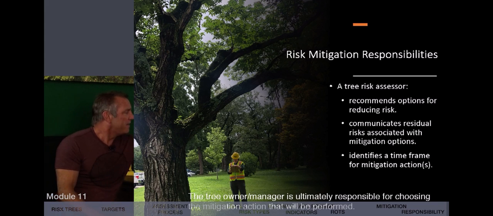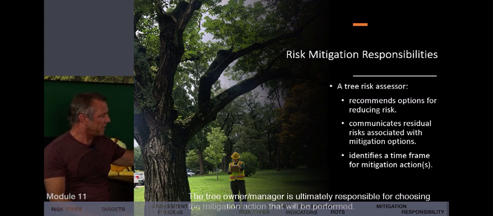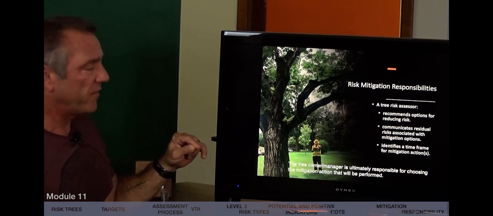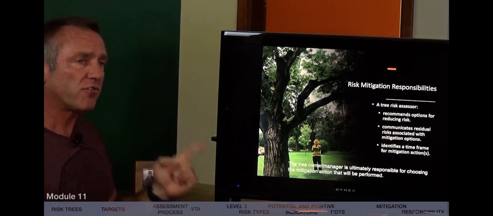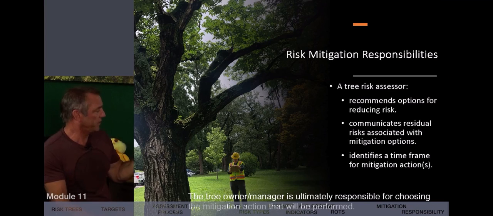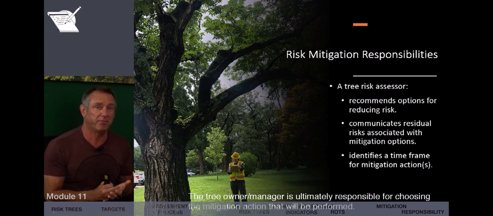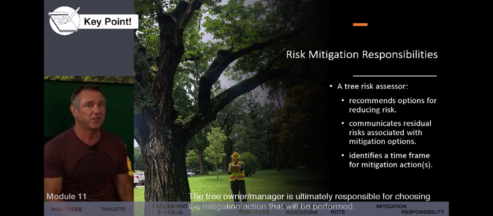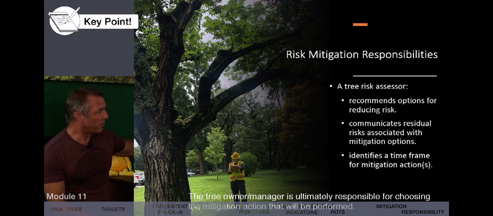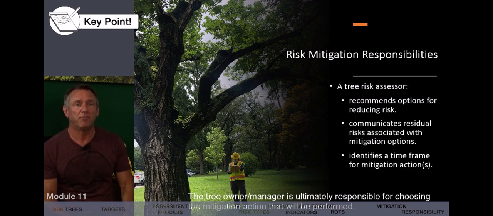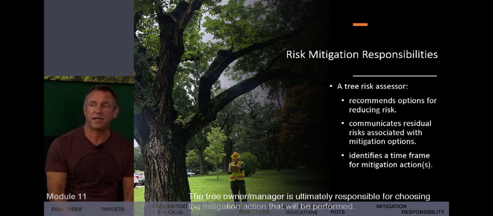But again, very important here, this last statement: the tree owner and the tree manager is ultimately responsible for choosing the mitigation action and when it will be performed. I guarantee you're going to see or hear that again. So make sure you remember those concepts when you're reviewing and preparing for the test.